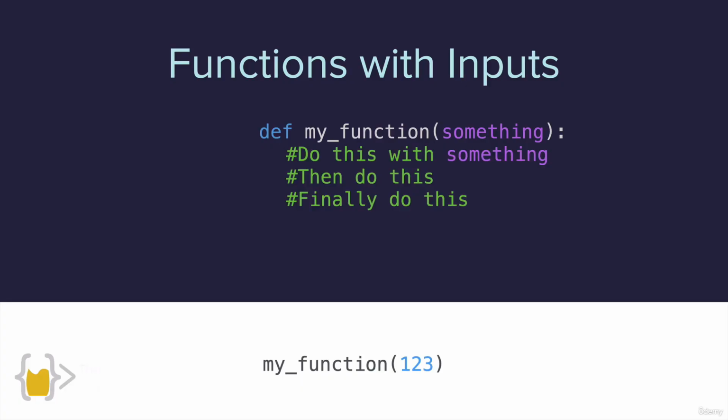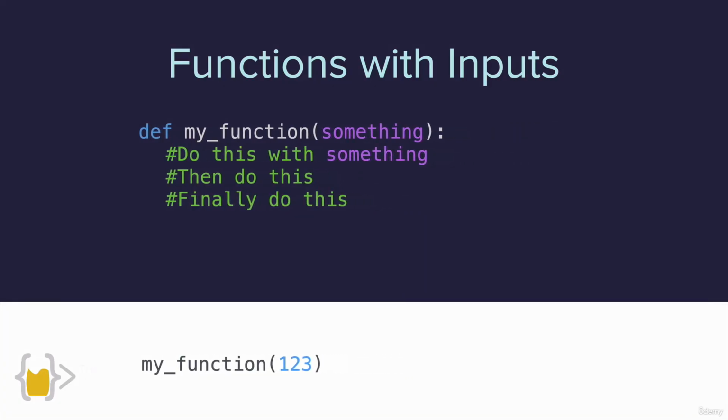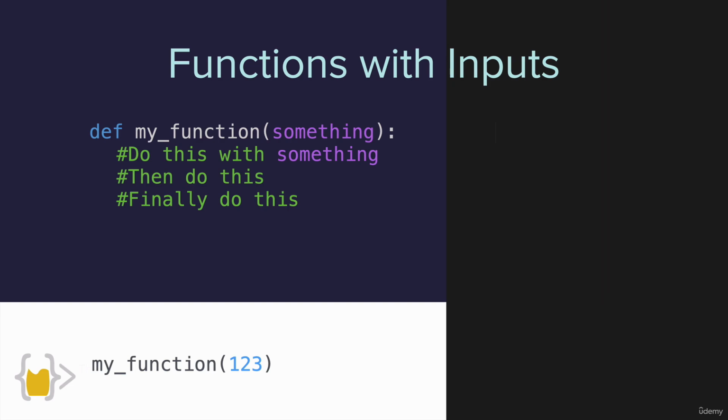When we're talking about functions with inputs, there's two things that we're working with that's really important to differentiate. So we know that when we call this function and we pass over this piece of data, effectively we're creating a new variable called something, and we're setting it to equal this piece of data that we're passing in.